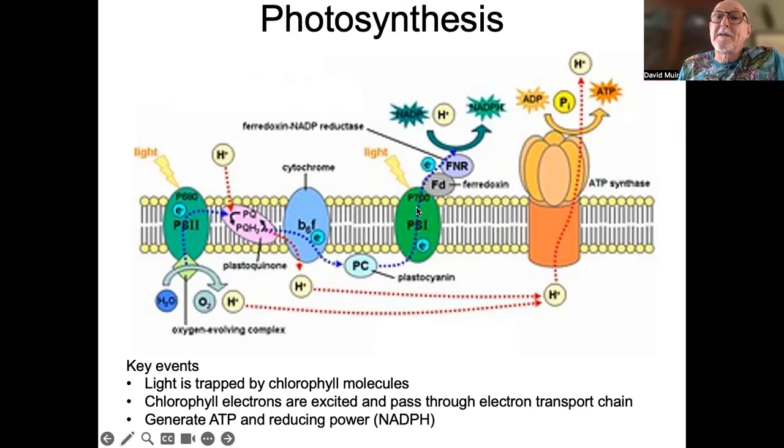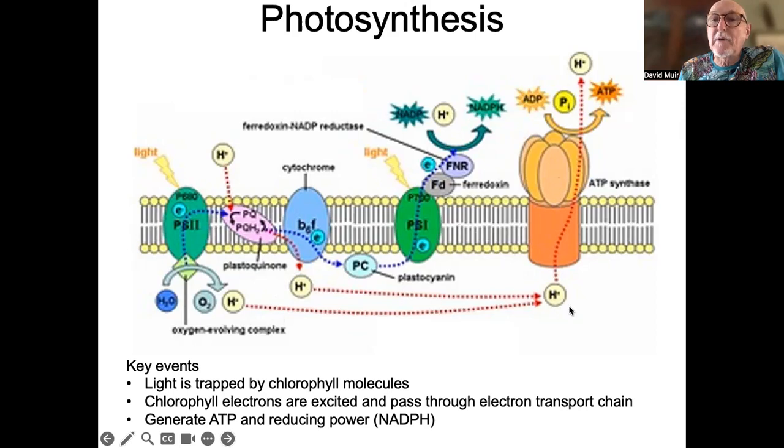So this system here, in addition to acting as a way to produce NADPH, can also be used to produce ATP, because what we've done is we've accumulated lots of protons here, and we have exactly the same enzyme, ATP synthase, embedded into the membrane here.